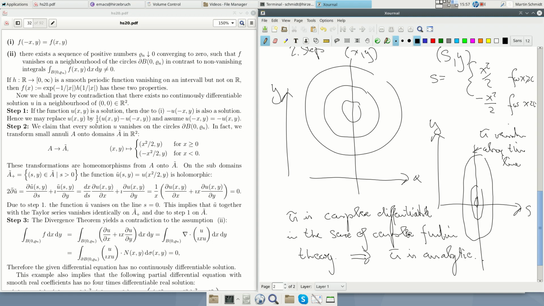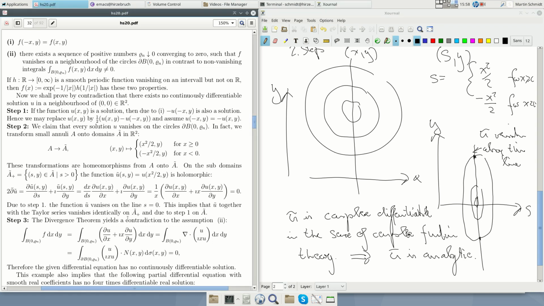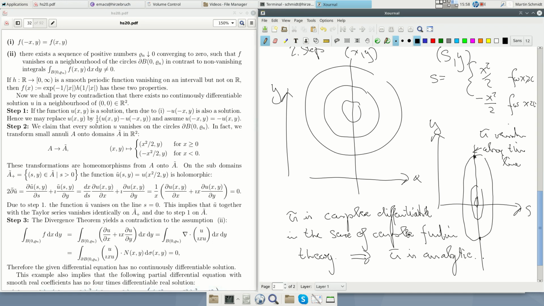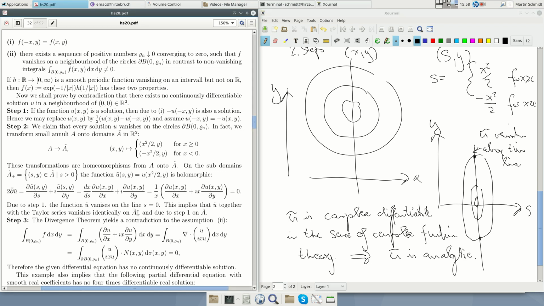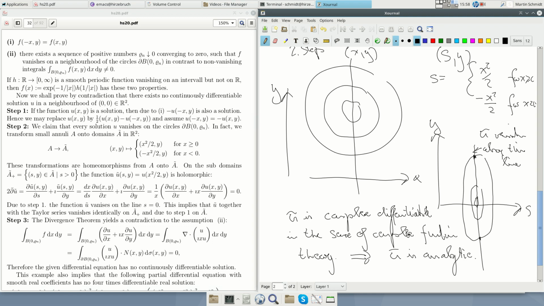Now by Schwarz reflection principle, sorry, not completely, but only in a small neighborhood here and here, it vanishes along this complete line, and this implies that U vanishes on this whole domain.